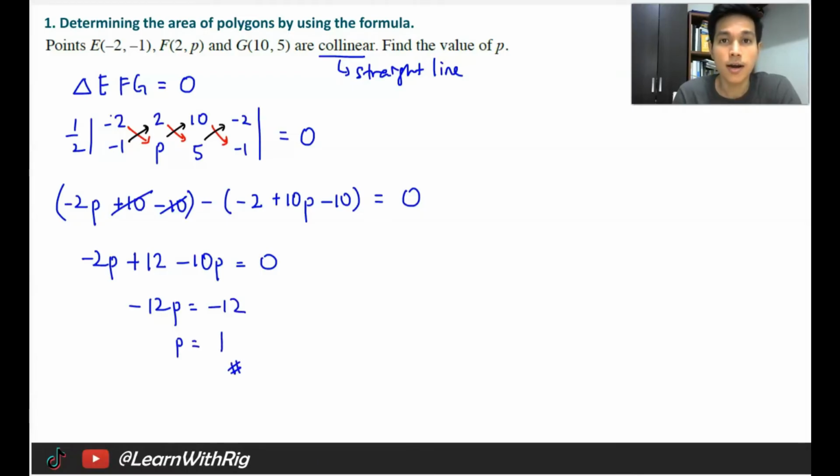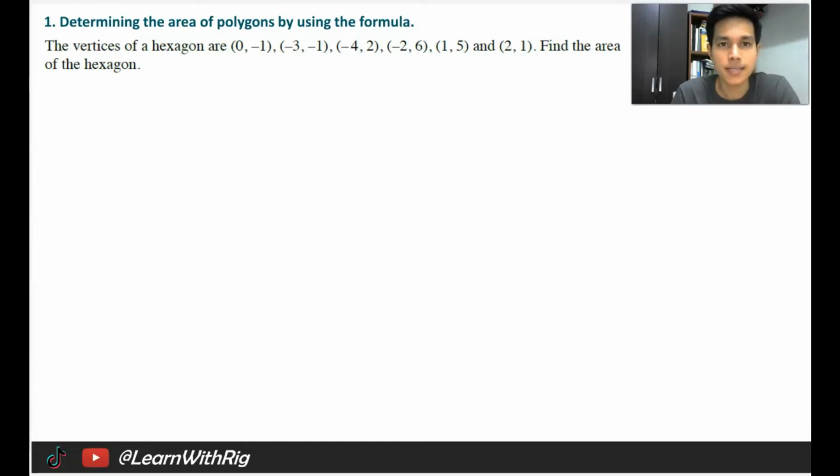This is your answer. The vertices of a hexagon are, okay, they give you all 6 vertices of the hexagon. Find the area. So it's basically the same thing, right? Just use the formula. Area of the hexagon is going to be 1 over 2. You're going to put in all the coordinates.